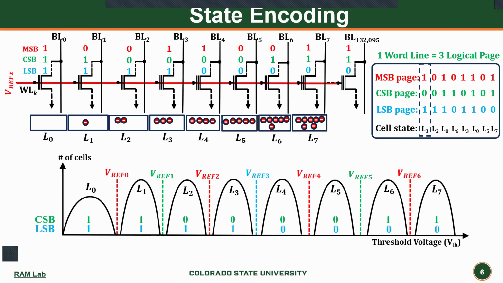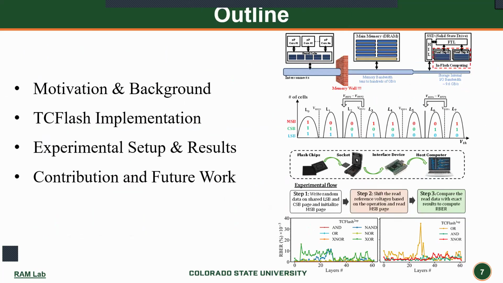And to read the MSB page, we have to apply 4 more incremental references. One takeaway from this slide is that the interpretation of the data actually depends on the applied reference voltages. If we just change the reference voltages, the data can be interpreted in a different way.